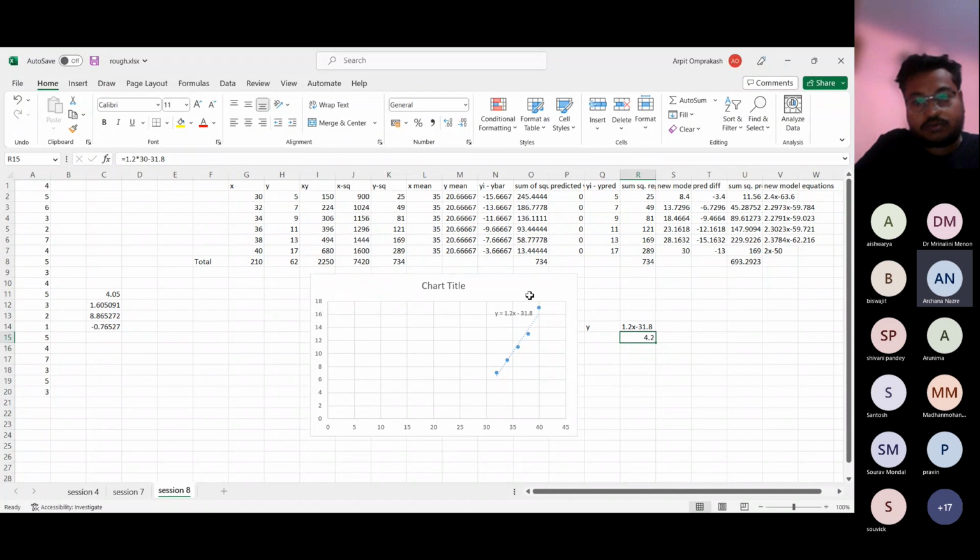Sorry, Arpit, can you please repeat how we got 1.2x minus 31.8? For now, I plotted it in Excel and got the fitted linear regression. If you have to do it manually, you have to calculate it as you did in the first two questions.